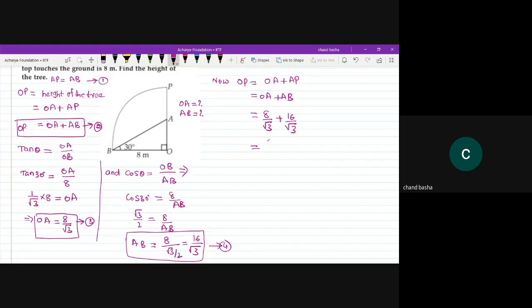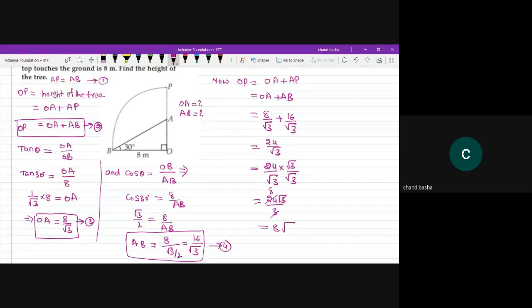Taking root 3 as the common denominator, 24 divided by root 3. But always try to write this without a square root in the denominator, so we multiply and divide by root 3. It becomes 24 root 3 divided by 3. 3 eights cancel. Your answer is 8 root 3.